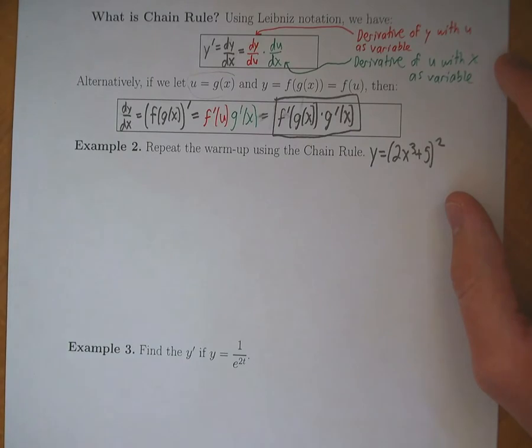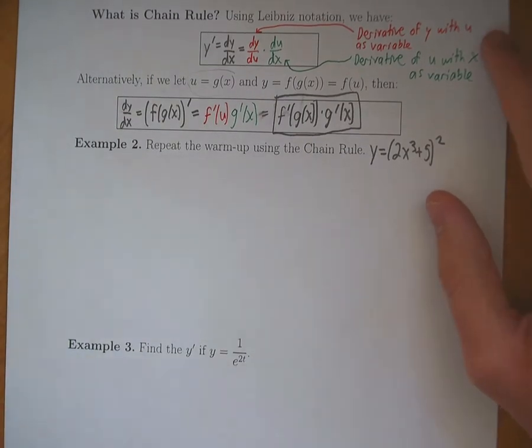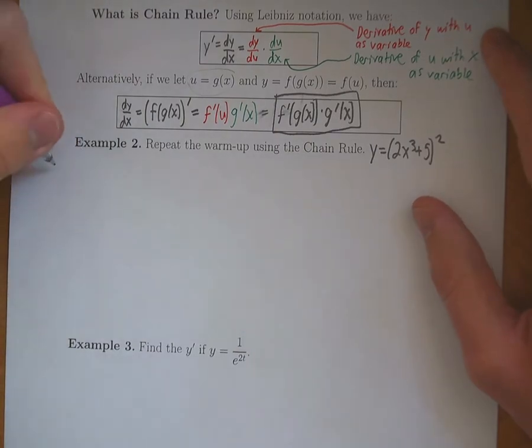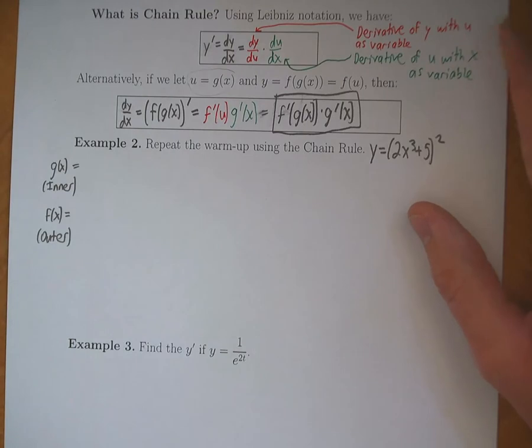For these types of problems, let's construct a roadmap here. First off, we need to identify the inner function and outer function. What would our inner and outer functions be equal to here?